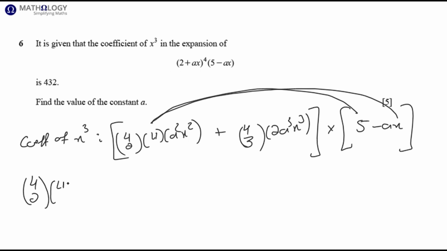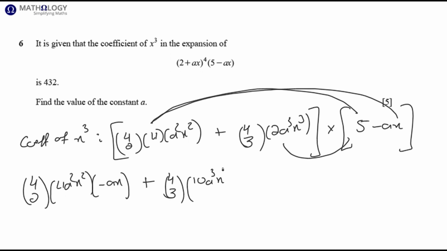So 4 choose 2 times 4a squared x squared times minus ax, plus the last term, the inners, will give us a term in x cubed, so we are interested in that: 4 choose 3, then 5 times 2 is 10a cubed x cubed. The last two terms will give us a term in x to the 4. We're not interested in that. So these are the only terms we're interested in.